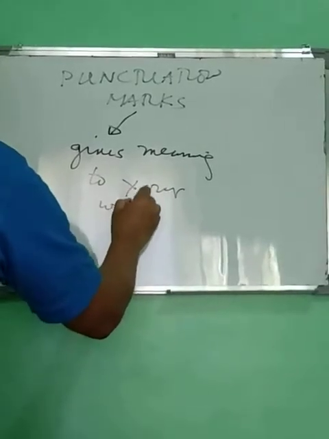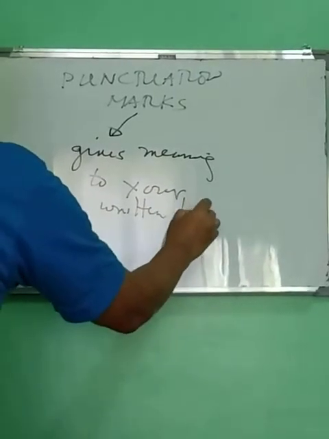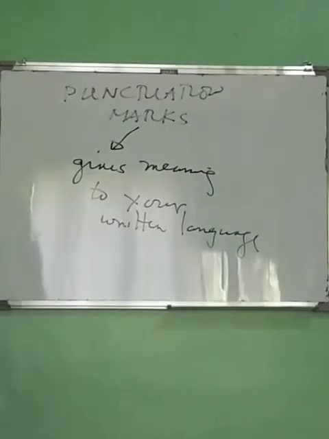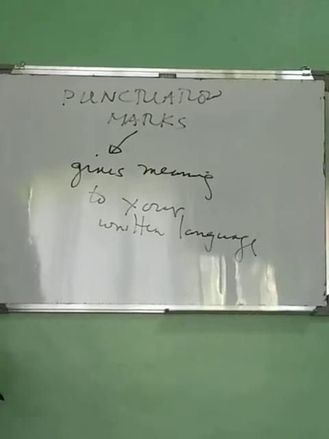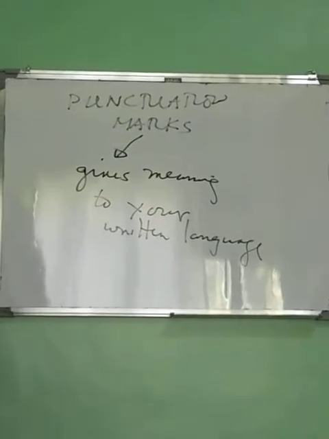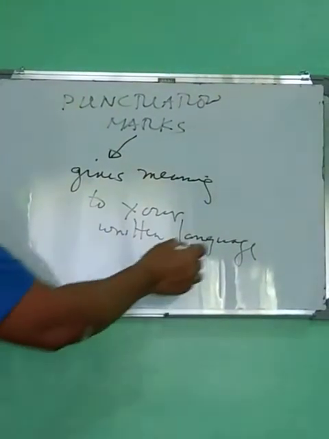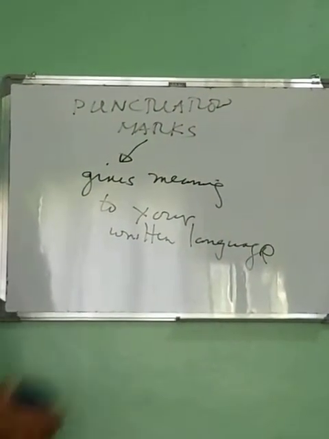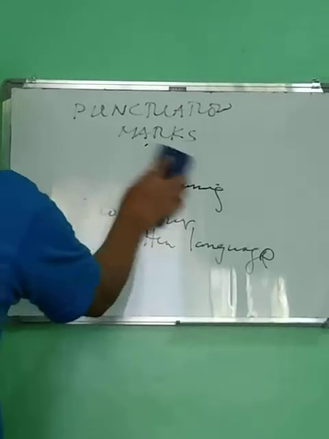And it does not only give appropriate meaning to your written language. There should be pauses, there should be a full stop, there should be a recognition of the emotions that one would utter.